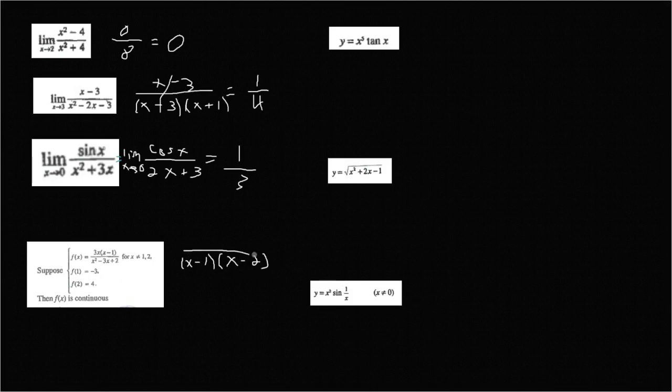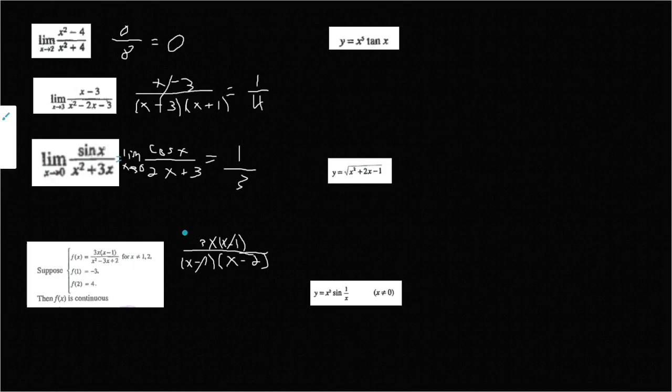And so 3x times x minus 1. So these x minus 1s will cancel. But to see if it's continuous here, we have to substitute it back in to see if we get this negative 3 where it's supposed to be at x equals 1.